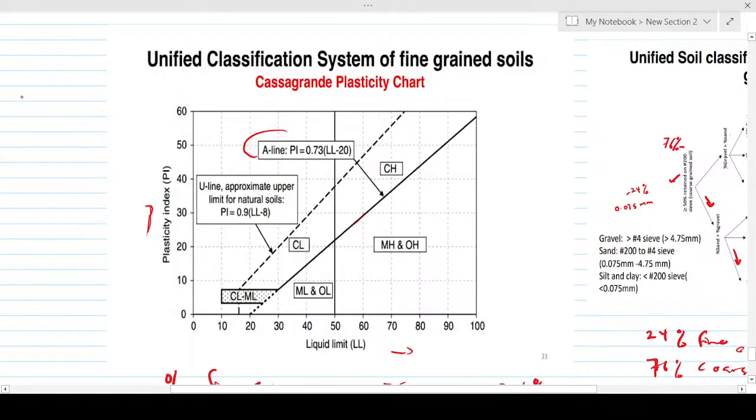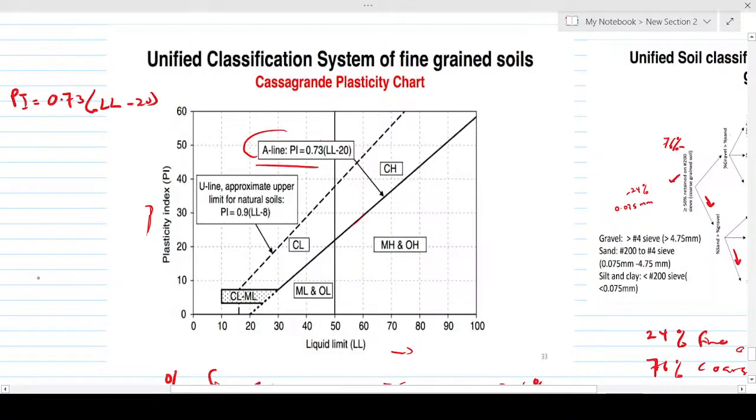So the A line. You find your PI using this formula, then you compare your PI to see whether the soil will plot above the A line or below the A line. So the PI value is simply 0.73 multiplying the liquid limit minus 20.